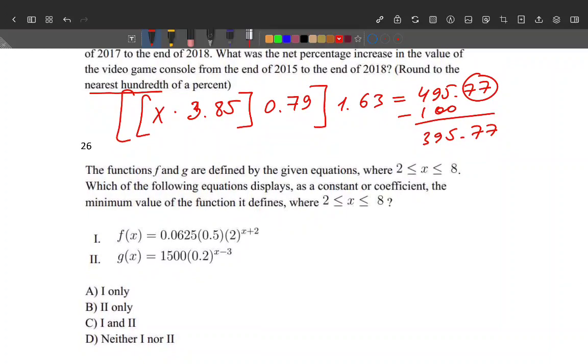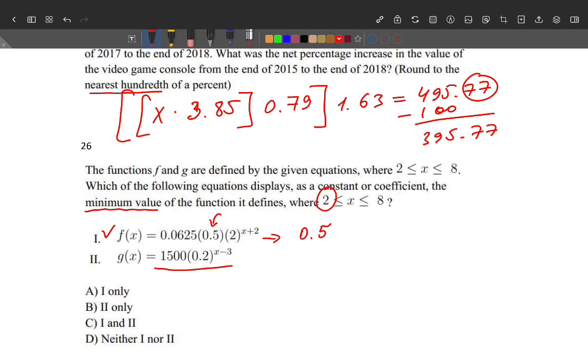What about this? Our main problem in this is finding the minimum value. For finding the minimum value, I know the first function is increasing. Because of this, it reaches its minimum value when x is 2. I put here 2 and I took half. Half is displayed here. Because of this, it's true. And what about this? This function is a decreasing function. First one increasing, second one is a decreasing function.